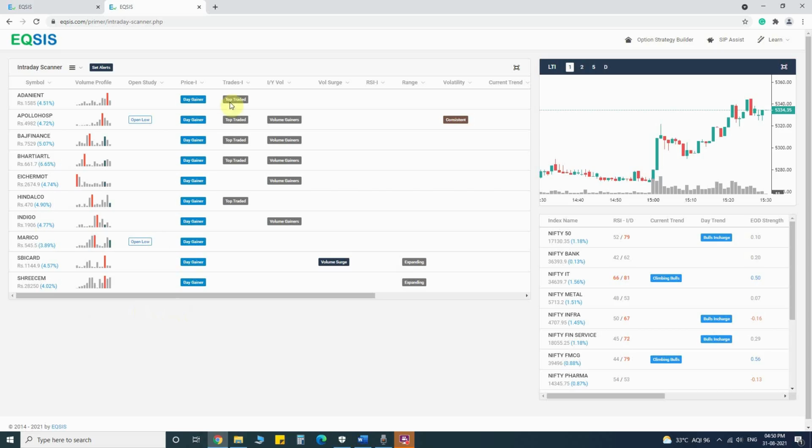I may talk about day traded, what day gainer means, how it is computed, when to use it and when not to use it, what sort of success ratio we see out of that, what happens if I trade based on day gainer at 9:30 in the morning, and what happens at 2 o'clock after the European market opens at 1:30. We may be talking about that in the subsequent videos.